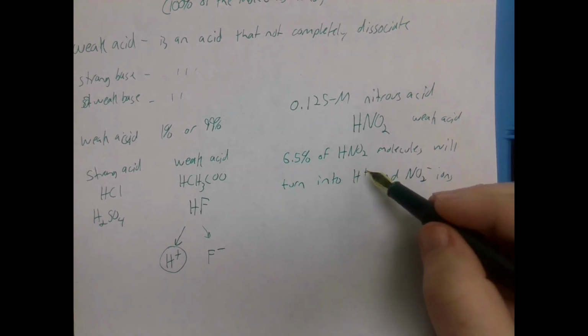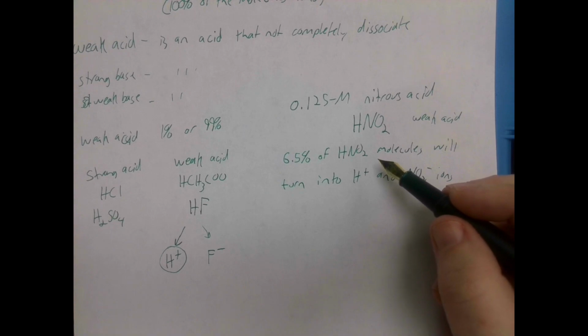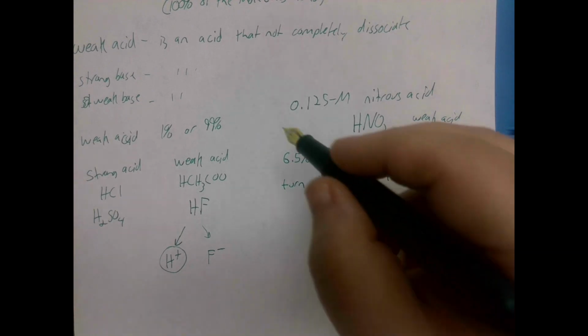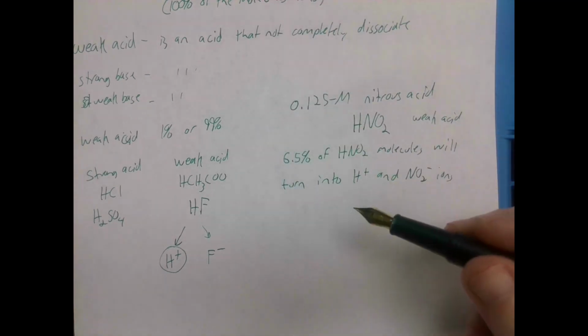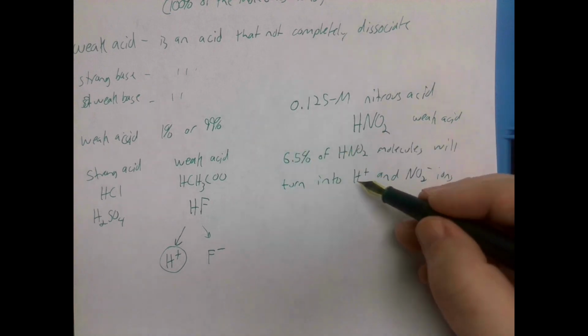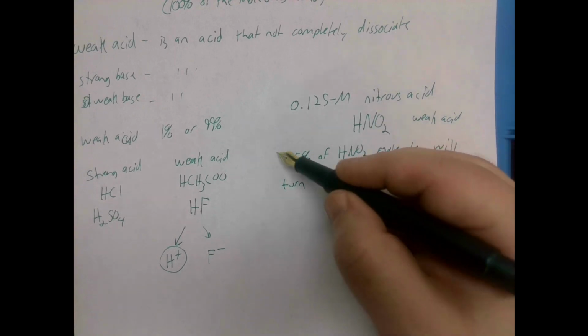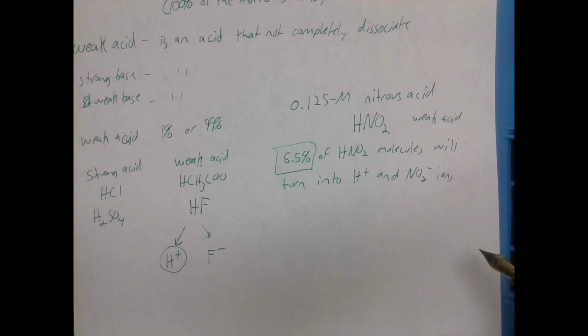I looked this up before I made homework because I needed to make very sure whether or not titration depends on it. I know it does depend on weak versus strong, but the calculations don't matter. You still write your equation and see what ratio it is, and it'll still work out. That's because if 6.5% of them produce H plus ions, and any of the ions are used up, it enables more of this, so the concentration of ions stays constant.